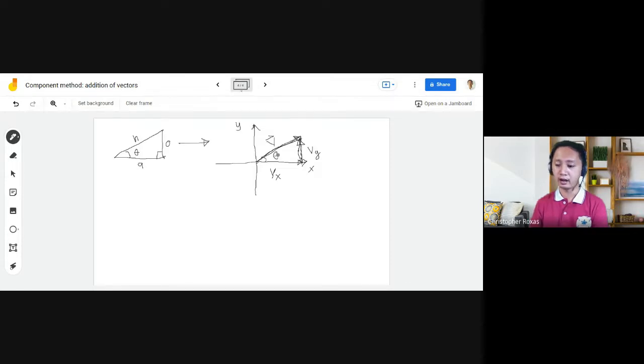So, applying our method called SOHCAHTOA, okay, you have sine theta is equal to opposite over hypotenuse. So if this is our theta, the opposite side is v sub y. Opposite over hypotenuse, class. Okay? So the opposite side is v sub y and the hypotenuse is v.